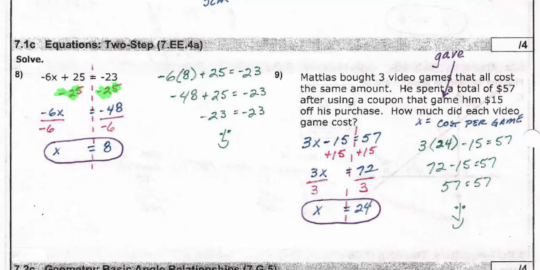Now, this is one of those places, you know, I'm noticing some of you are still running into that problem with a negative taking away another number. Take the time when you have a problem like this. Negative 23 take away 25.